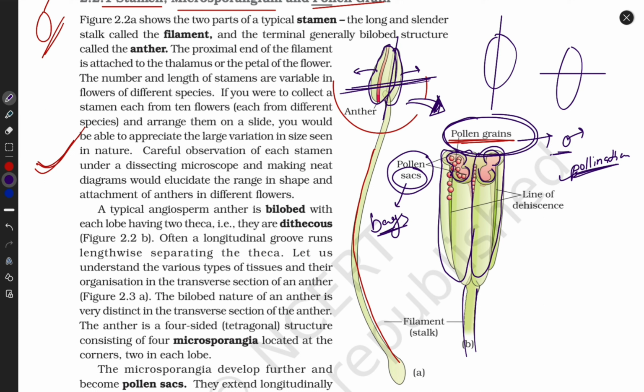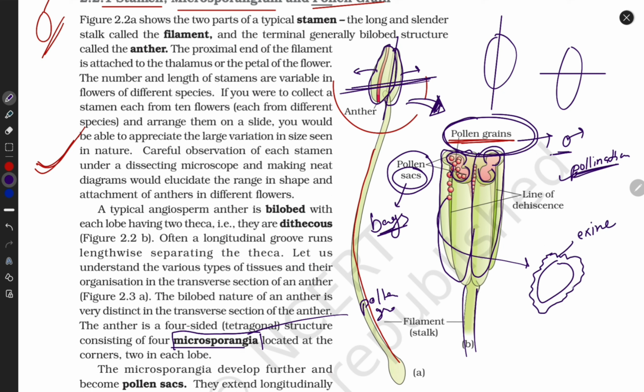Guys, how do they mature, how do they synthesize? They are produced with the help of microsporangia, and microsporangia further develop into pollen grains. If I zoom in on this pollen grain, this kind of structure is present. This is the outer part, exine, and this is the inner part, intine.